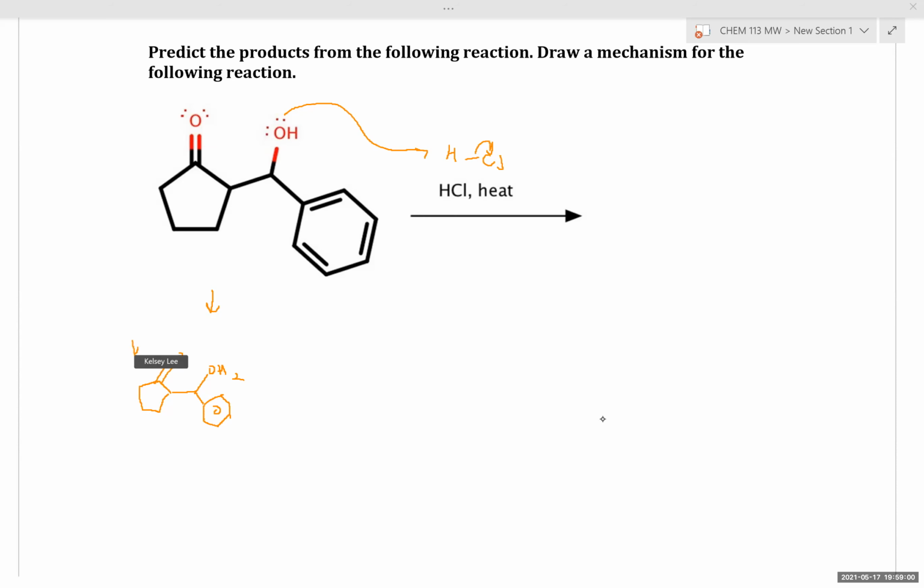From here, now that we've protonated our alcohol, we can tautomerize this ketone to the enol tautomer.